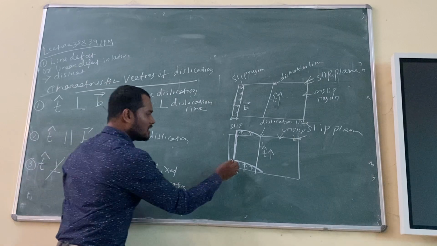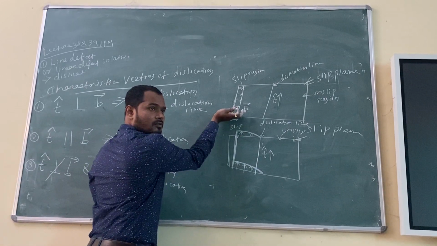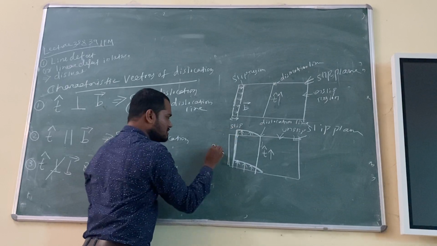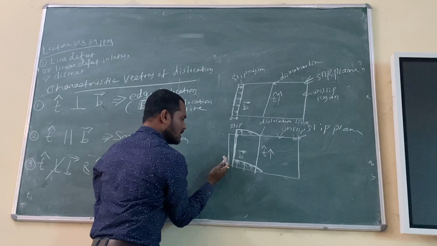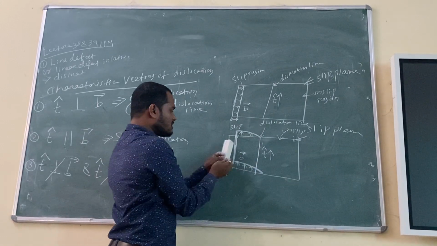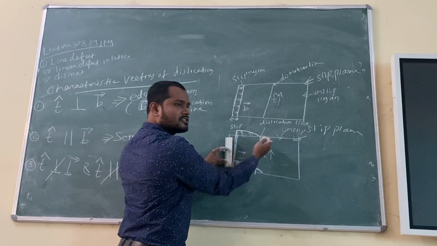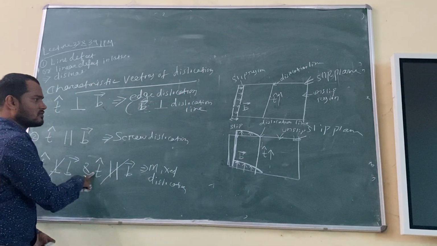Slip is happening in this direction, basically. Right? So slip is happening in this direction, the Burgers vector is in this direction and the tangent vector is also in this direction. So the Burgers vector is in this direction, the tangent vector is in this direction. They are parallel. Okay?